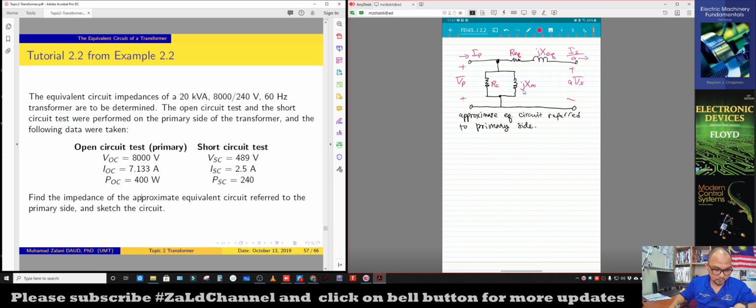This is step down. So we're going to use RC primary is A squared times RC secondary.